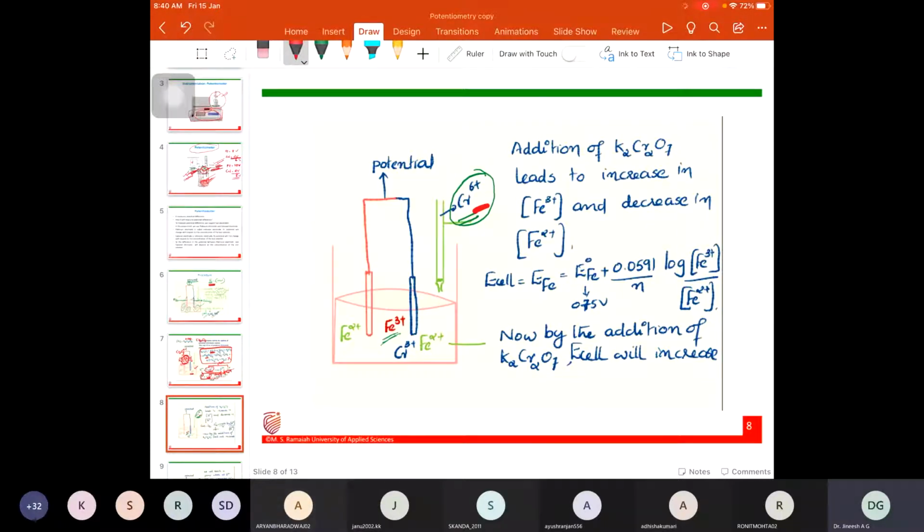So now after the addition of 0.5 ml of potassium dichromate solution, you will be able to see two different types of Fe ions and one type of chromium ion inside the solution. Now, among these two metals, which metal has two different types of ions, chromium or Fe?